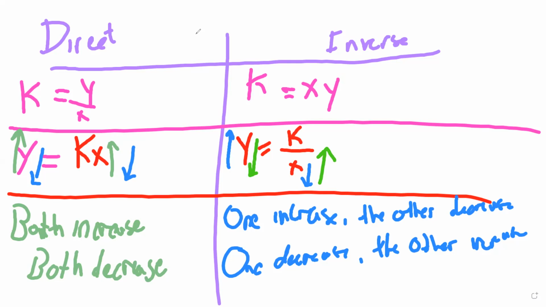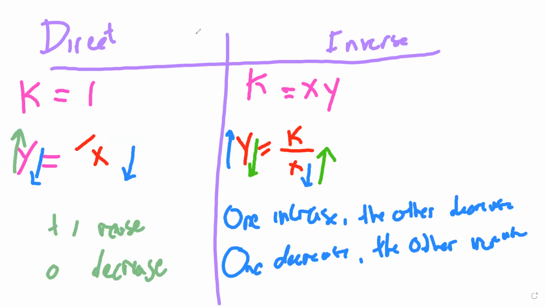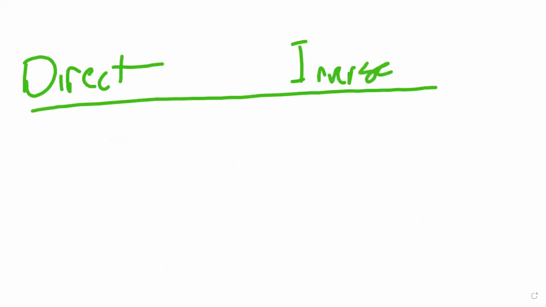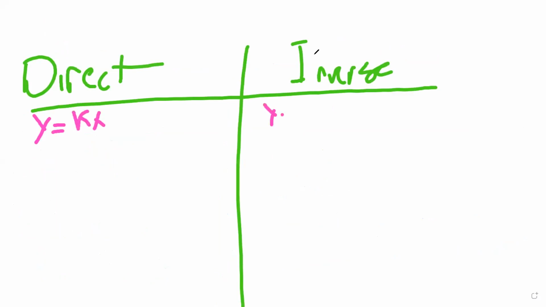Now let's talk about the graph of the inverse and the direct. As I told you, the equations are y equals kx and y equals k over x.